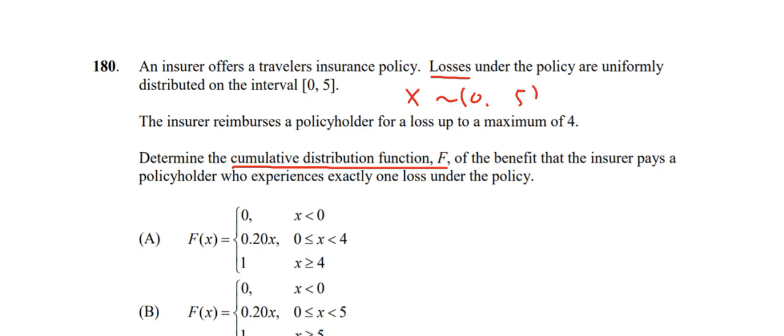But for the payment or reimbursement, Y, with loss from 0 to 5, they will pay at most 4. So we can say Y is the minimum of X and 4. Between 0 and 4 they pay x, and between 4 and 5 they just pay 4.